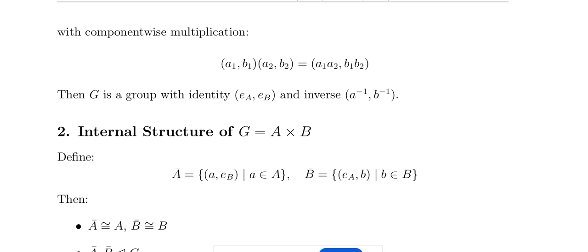Then G is a group with identity. What is the identity? (e_A, e_B), where e_A is the identity element of A and e_B is the identity element of B. Its inverse is (a inverse, b inverse), constructed in the same ordered-pair way.